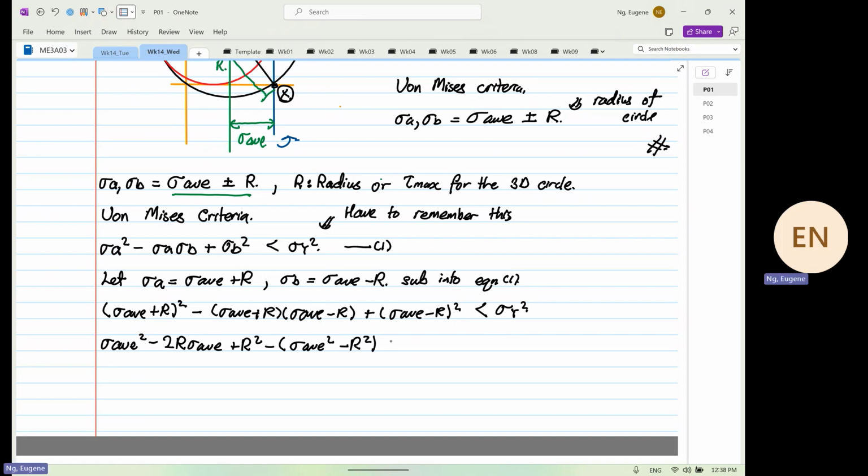And then we have plus stress average squared, I think this one is minus 2R stress average plus R squared.